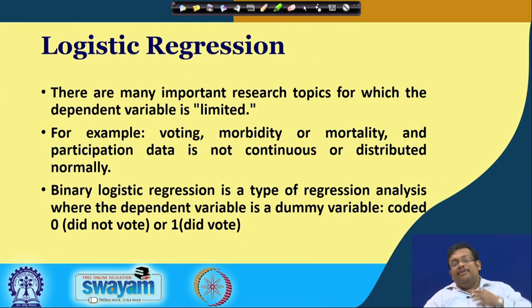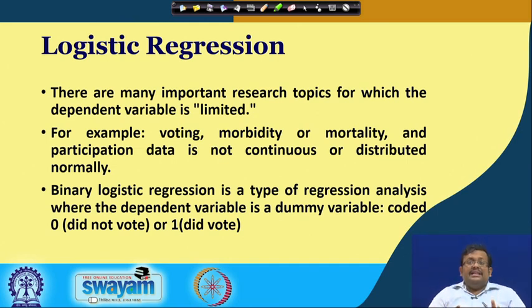For example, if you want to know whether they have voted or not voted for a particular candidate, there is a binary outcome. So, you have to code them as 0 and 1. 0 means did not vote and 1 means vote. We call it binary coding.